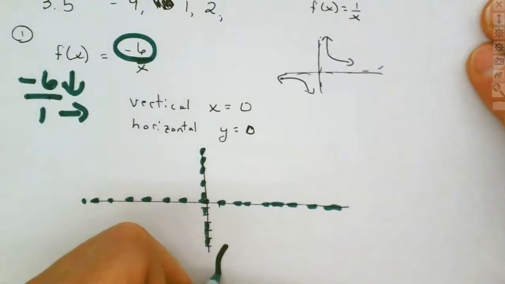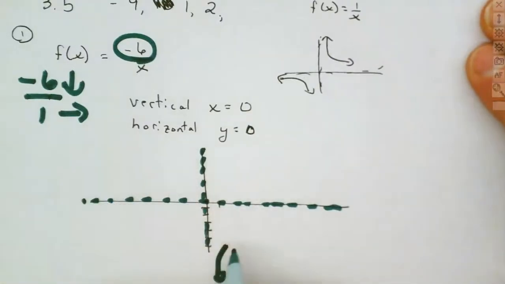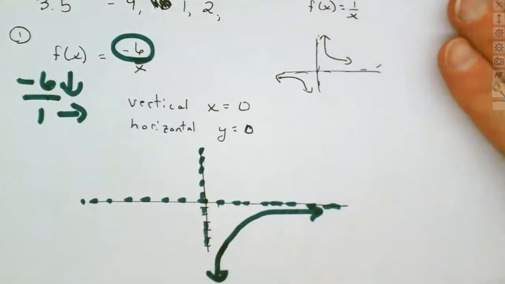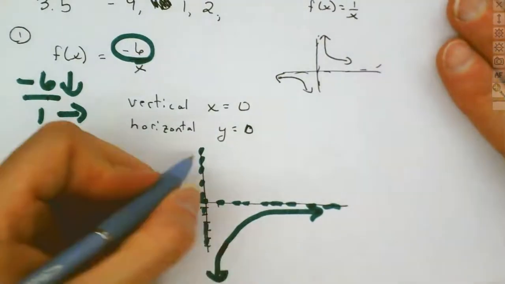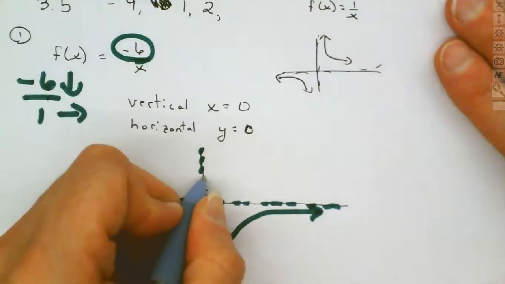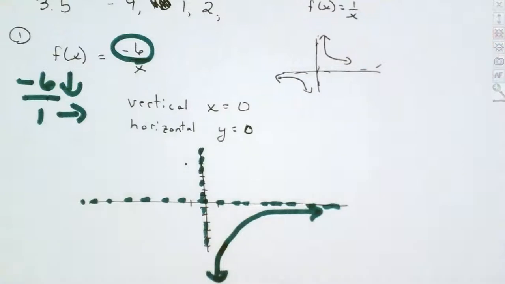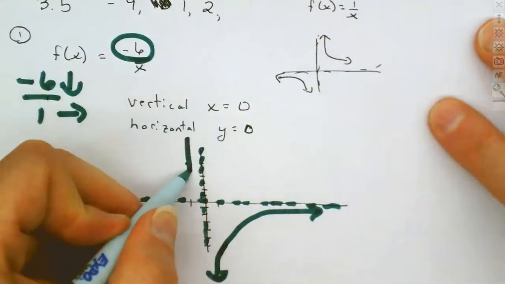So remember, when we curve it, it goes towards the dotted lines, but it can't cross them. So this side looks similar to that, right? And what about the other one? We go back 1 and we go up 6. 2, 3, 4, 5, 6. And that then resembles that.